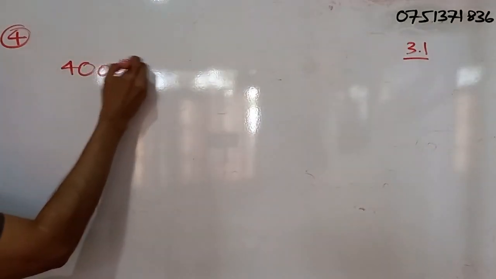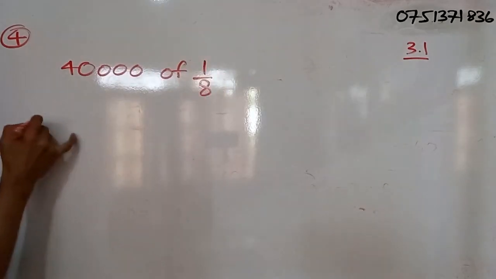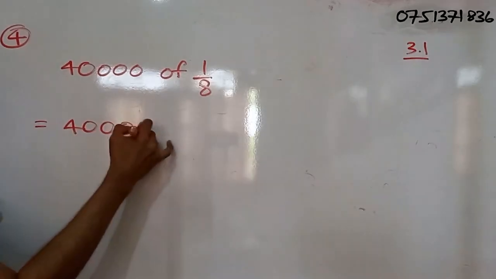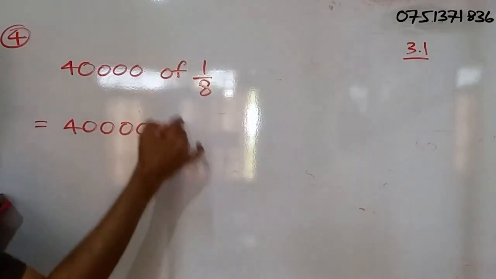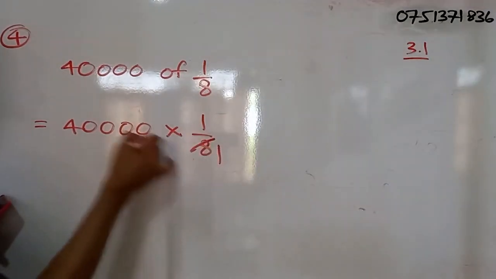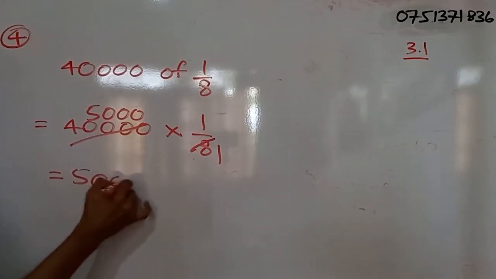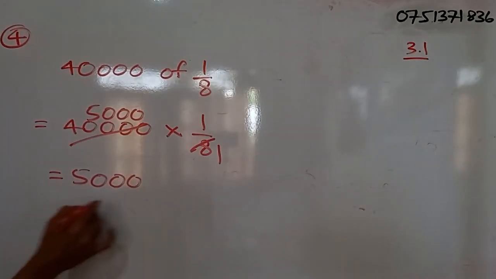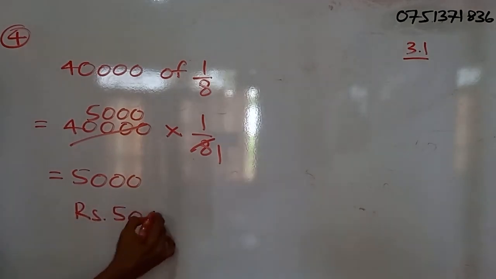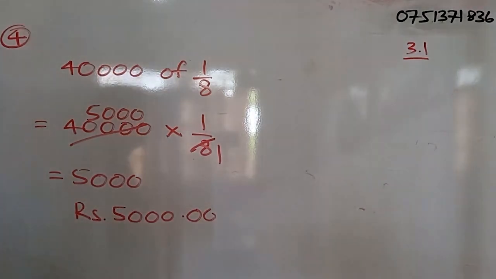The amount is 40,000 and from this 1/8, right? So we can use the multiplication and 1 by 8. So 8 times 1 and 8 times 5000. So here what will be the answer? 5,000. This is the number value, but we have to write it using the units. So the answer is 5,000 rupees.